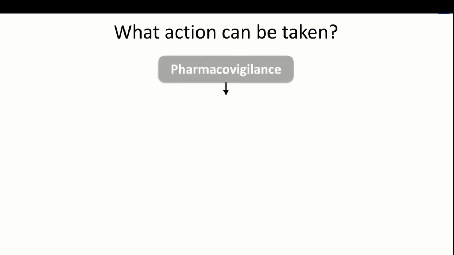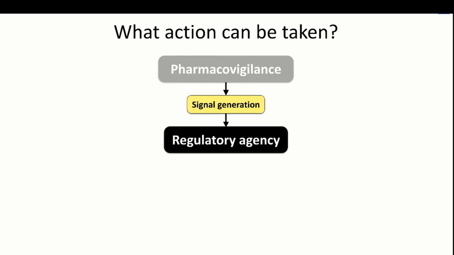After a signal has been generated, it undergoes careful review by the regulatory bodies. The outcome of the review may lead to various different kinds of action. First, there may be no action taken if the signal is considered weak or insignificant in terms of patient safety.